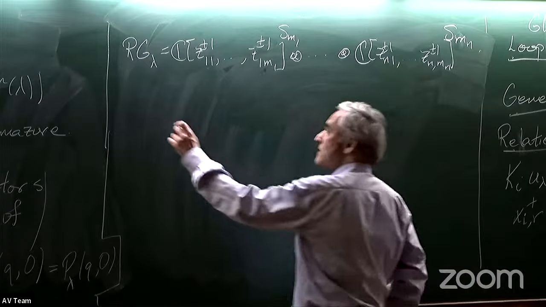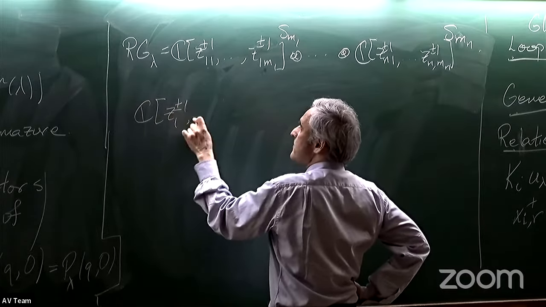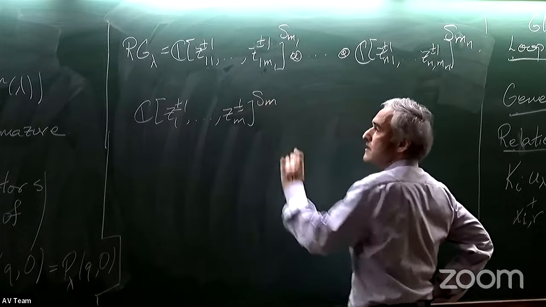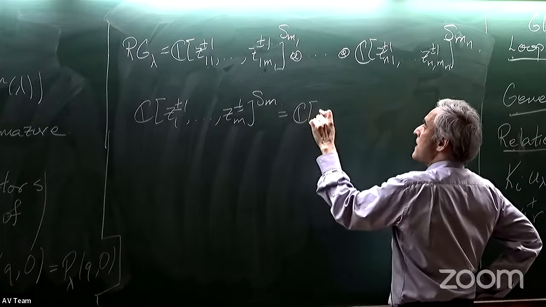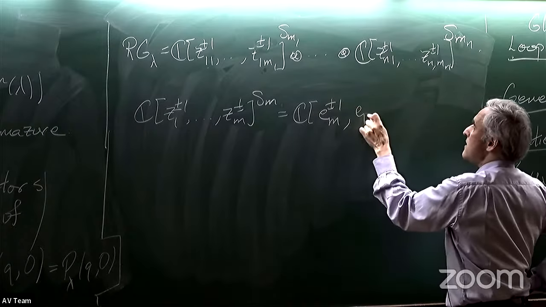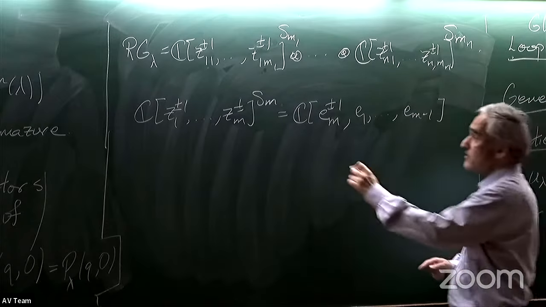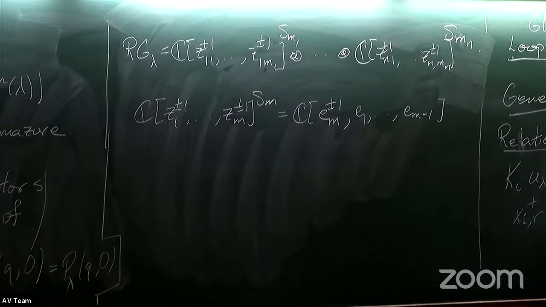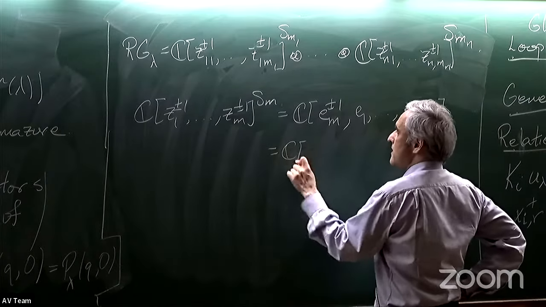Okay, but now if I look at this, let's just do a single case. And I write this in terms of symmetric functions, then these are polynomials in E_M plus minus 1 and E1 up to E_{M-1}. Because of those plus minus 1s, I get a ring like this.